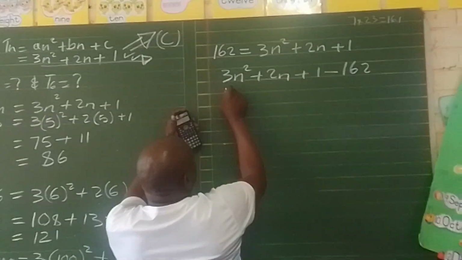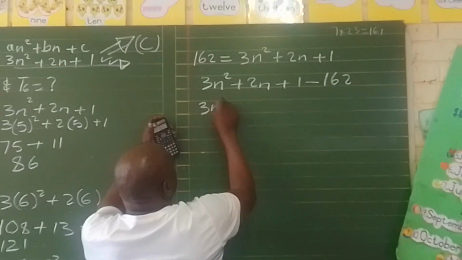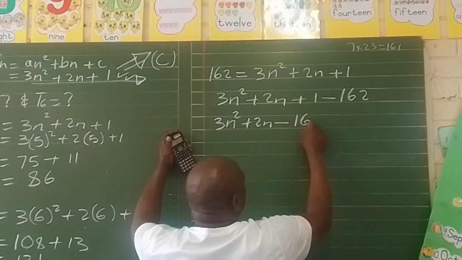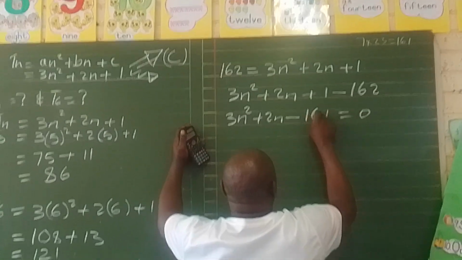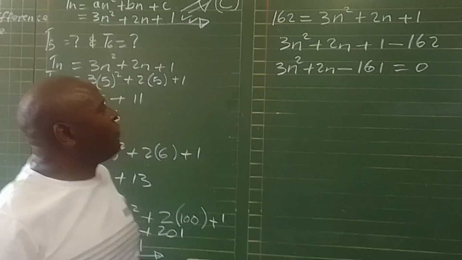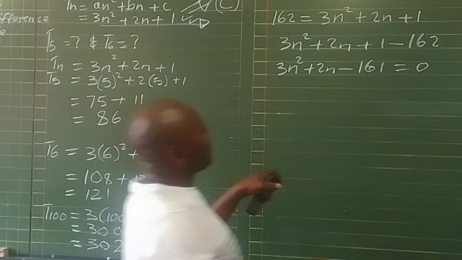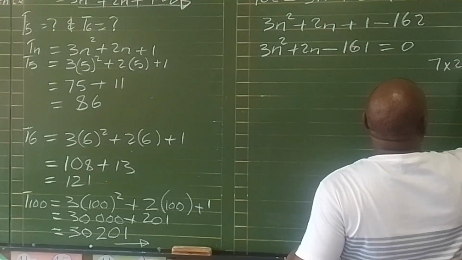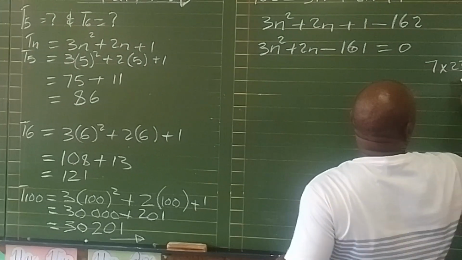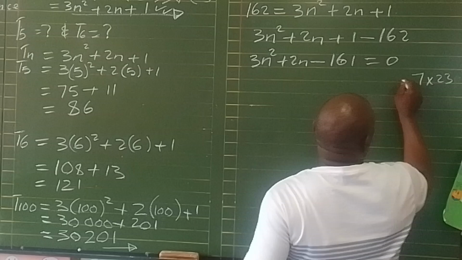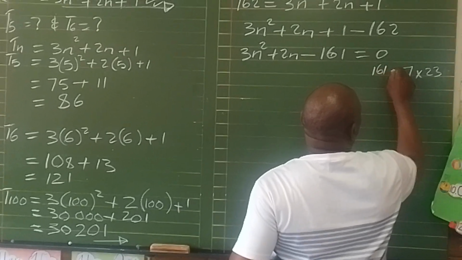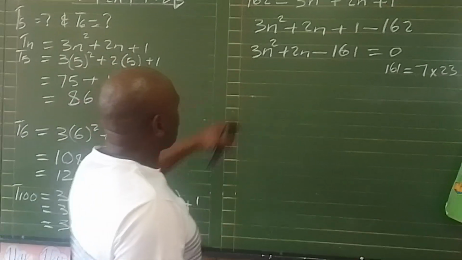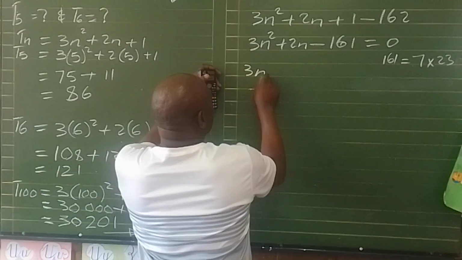So it's going to be 3n squared plus 2n minus 161 is equal to 0. Now we find the factors of 161. 7 times 23 is going to give you 161. So you put your 3n.